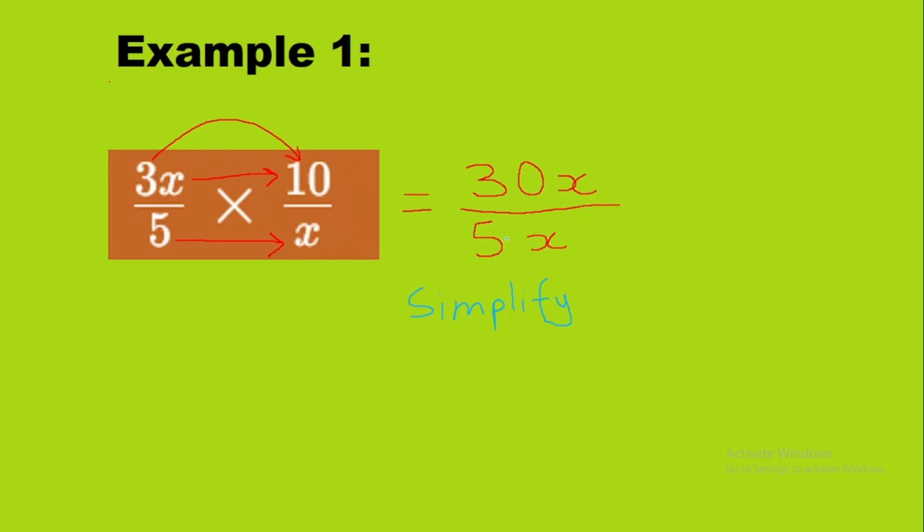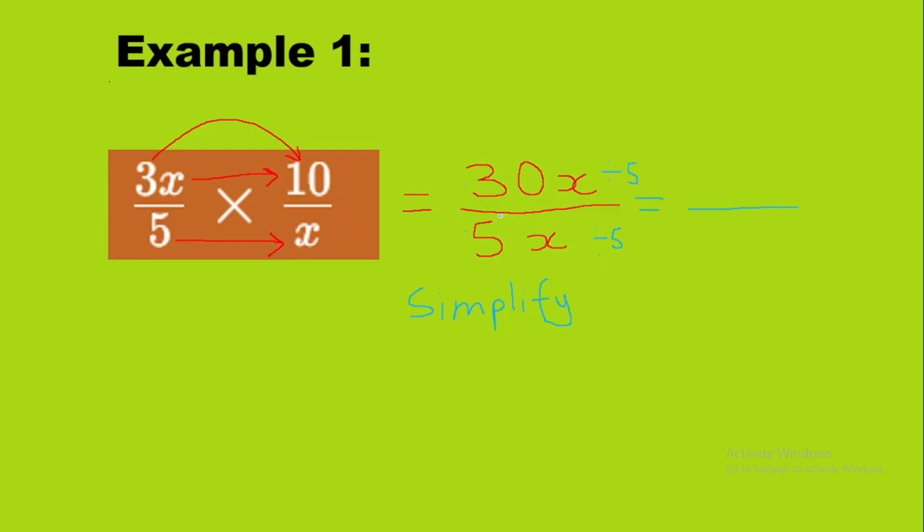By simplifying, all we're looking at is what number can divide both the denominator and the numerator. The 5, which is the denominator: what number can divide 5 and divide the numerator, 30? If you know, then it would be 5. So if we divide both numbers by 5, we should be able to simplify this fraction.